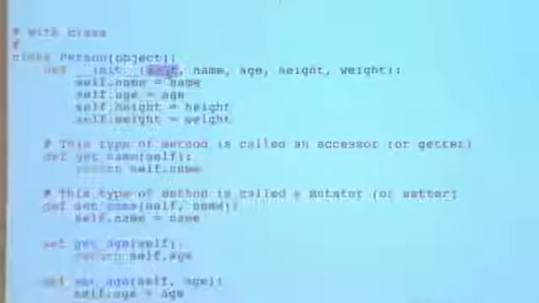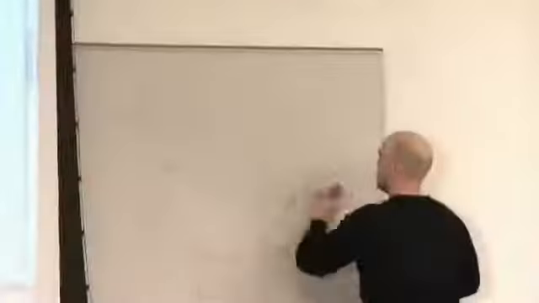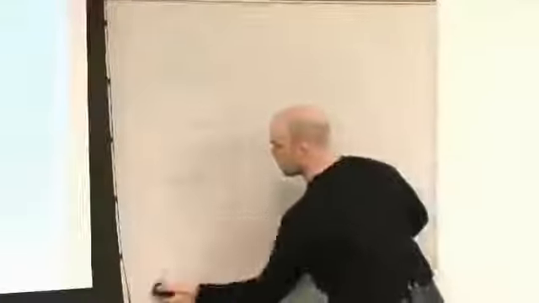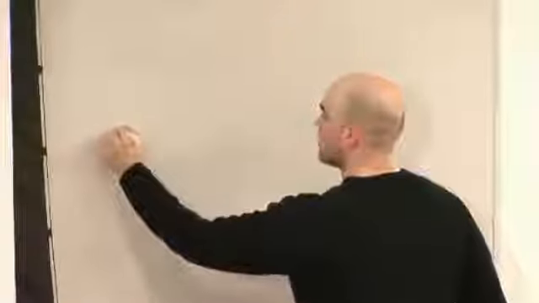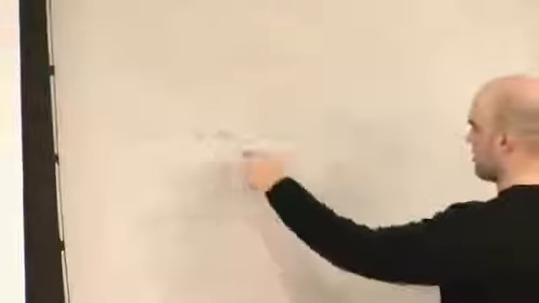All right, so visually, let's say this is your magical memory. Python sees this call person, goes in, grabs a chunk of memory.